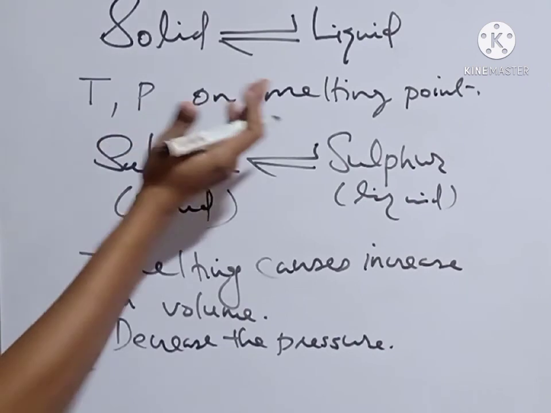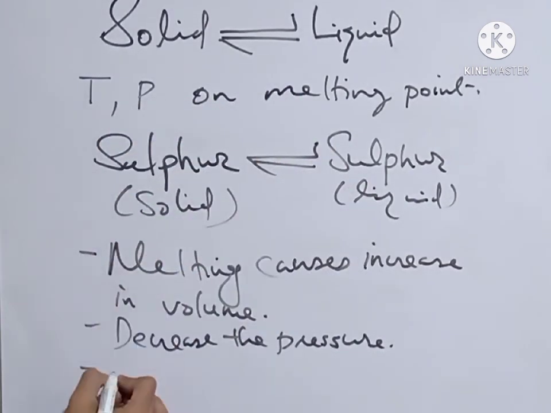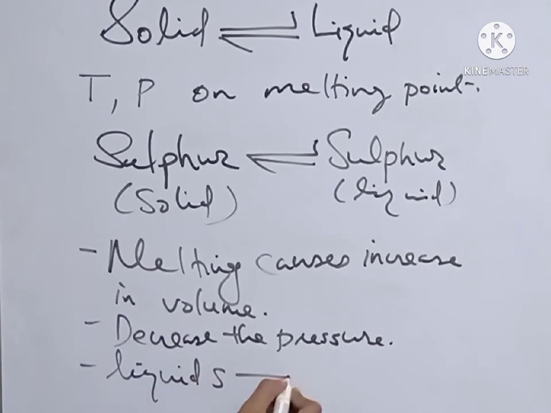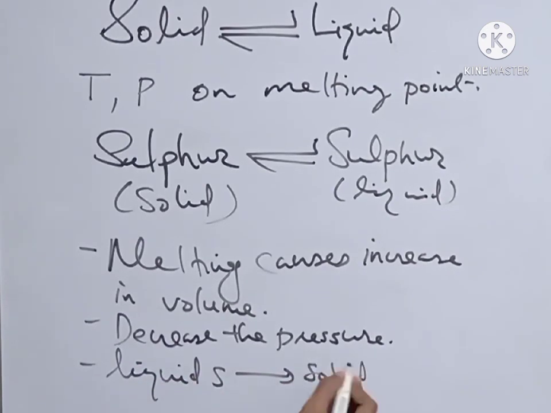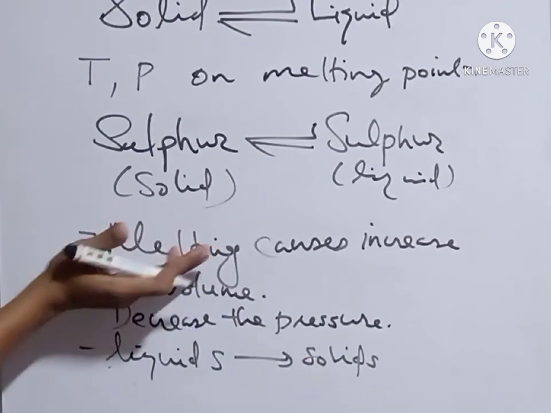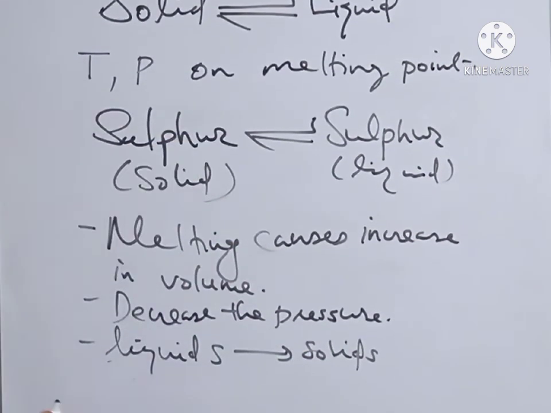So the conversion is from right to left, that is, liquid sulfur to solid sulfur. So that means the increase of pressure increases the melting point of sulfur.